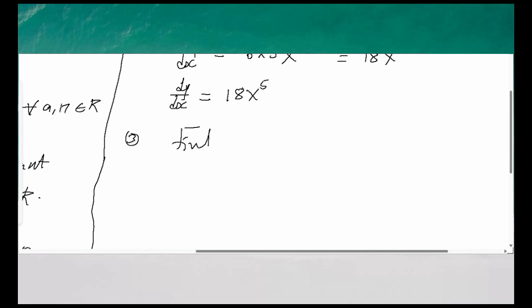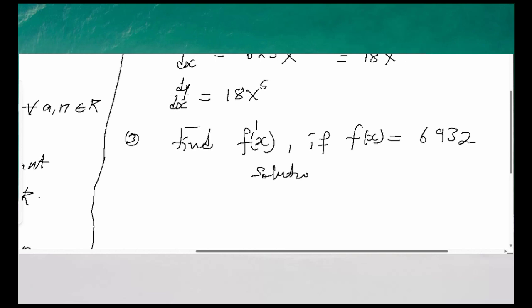Find f prime of x if f of x is equal to 693.2. Solution.